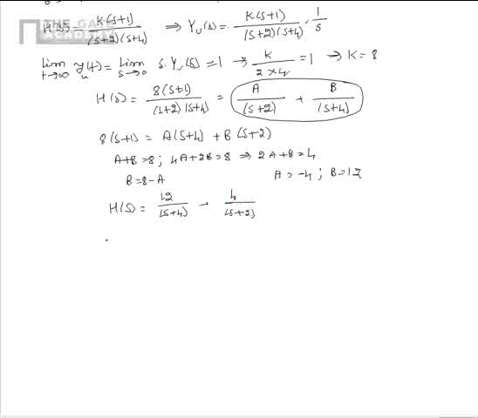So from this, the impulse response of the LTI system can be written as h of t is equal to L inverse of h of s, which is 12 into e power minus 4t minus 4 into e power minus 2t, u of t. So this is the impulse response of the LTI system.